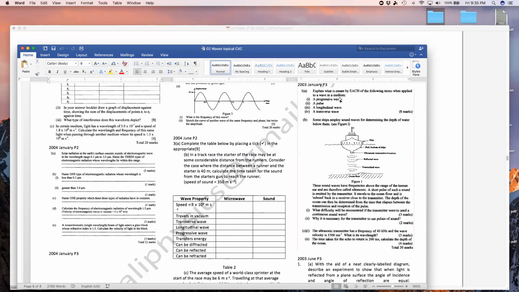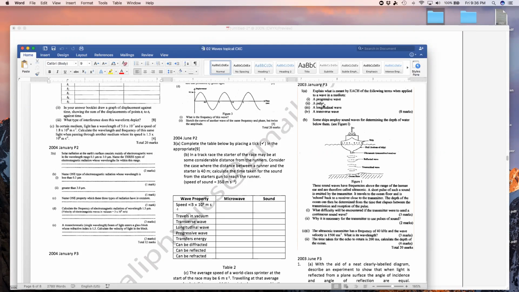What is a progressive wave? Anybody would like to venture an answer? You can type it in the text window or you can utter it. A progressive wave is a wave that spreads from one point. Yes, a progressive wave is a wave that travels from one point to surrounding areas, so it's spreading.